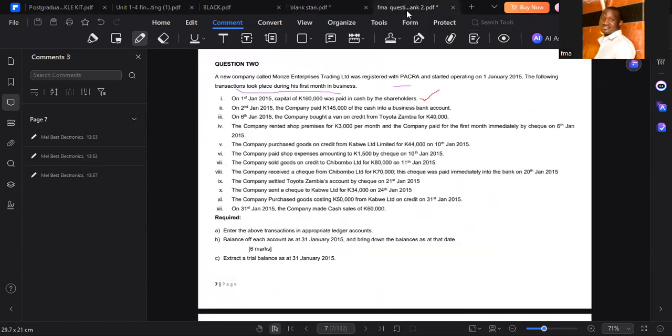The question says the company paid 145,000 of the cash into the business bank account.